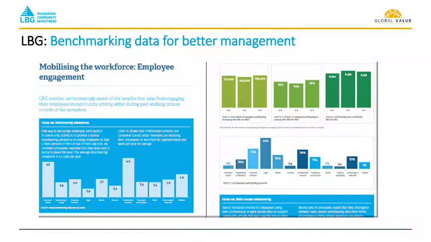Just to give you a flavour, in last year's benchmarking exercise across the LBG network, there was $3.3 billion of contributions made by companies in the network. So a really significant sum going out into the community. What companies are able to do then is to drill into that information and understand how their contribution compares to others.